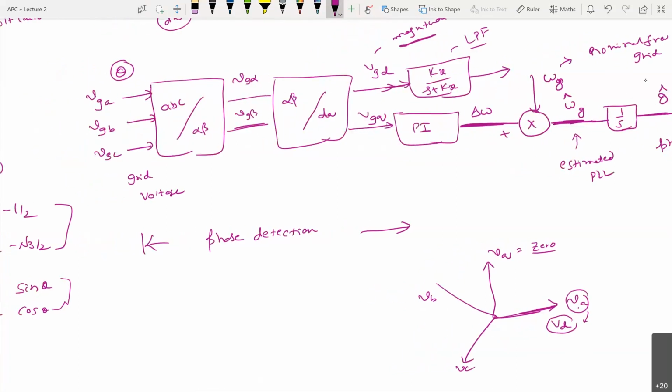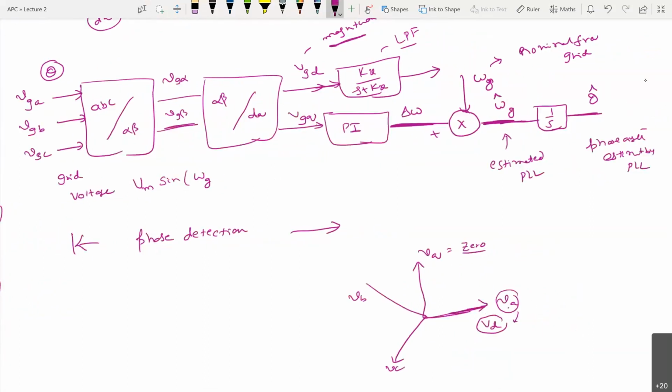You'll understand more here. For example, the A phase grid voltage is Vm sine omega g plus theta g.